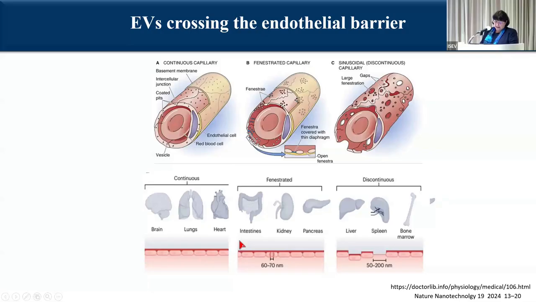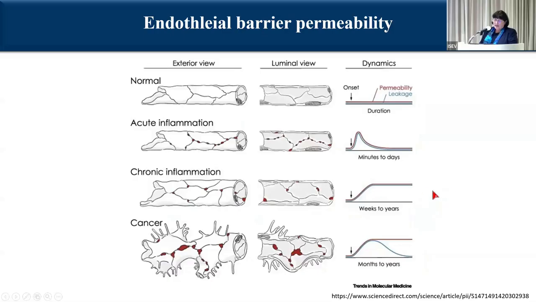Fenestrated capillaries are present in the intestines, kidney, and pancreas, whereas the discontinuous sinusoidal capillaries are present in the liver, spleen, and bone marrow. And these have gaps of 60 to 70 or 50 to 200 nanometers, which might permit the trafficking and transmission of the deformable small extracellular vesicles through the blood vessel wall.